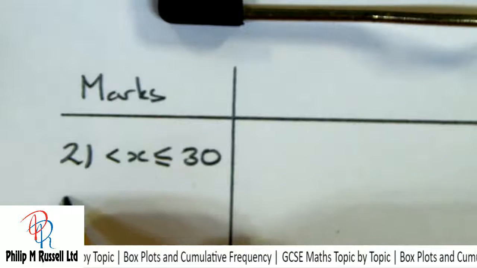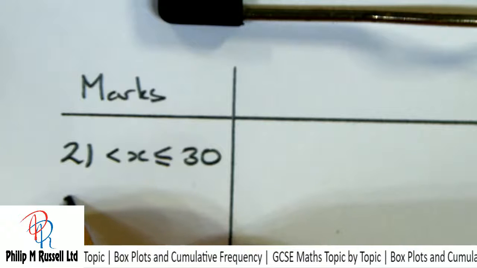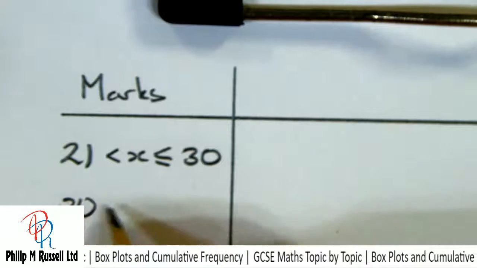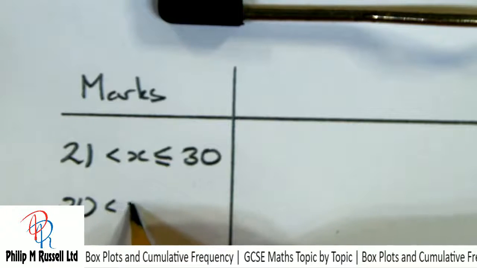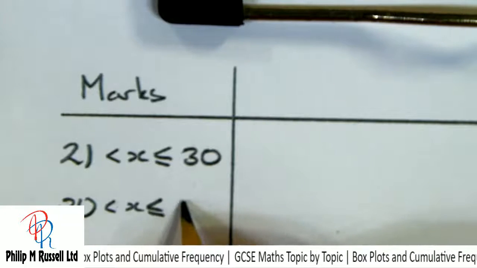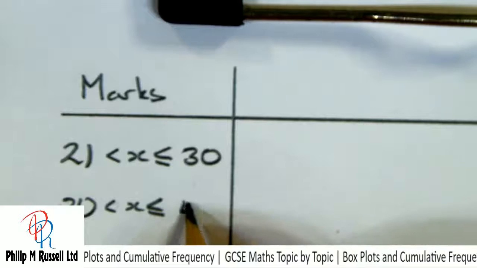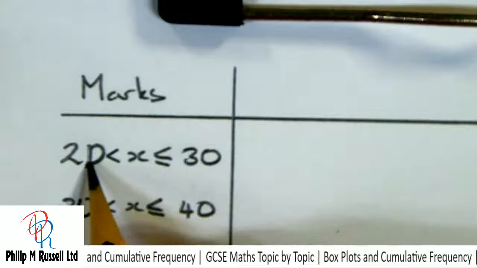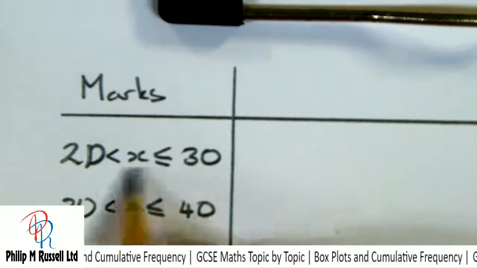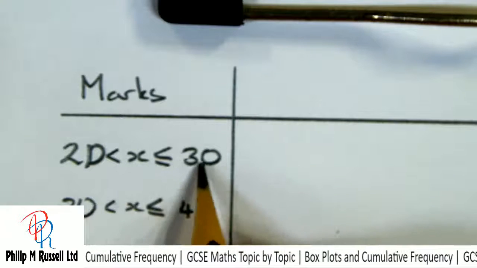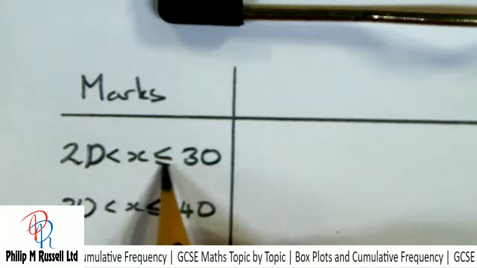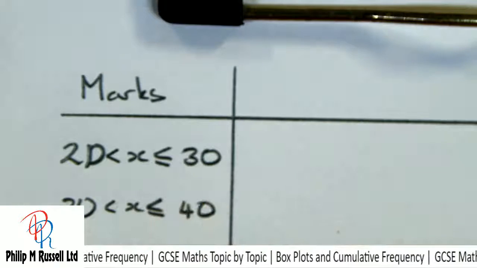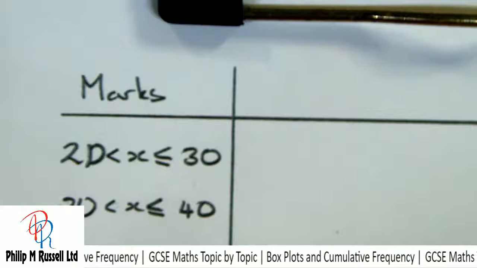And my next mark will run from 30 to 40. I'll make that one 20. So any number above 20 but less than or equal to 30, so that's going to be 20 point something.